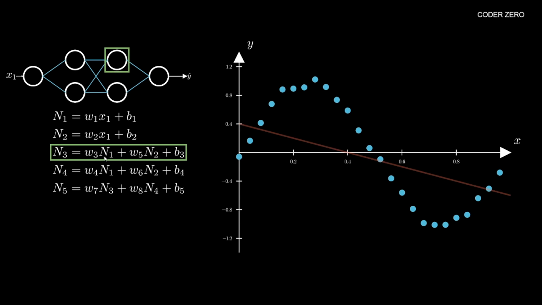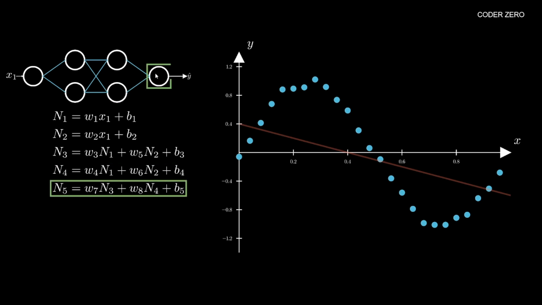So here you can observe N3 is taking the outputs from N1 and N2 as inputs. Similarly, N4 is taking the outputs from N1 and N2 as inputs, and then N5 is taking the outputs from N3 and N4 as inputs.